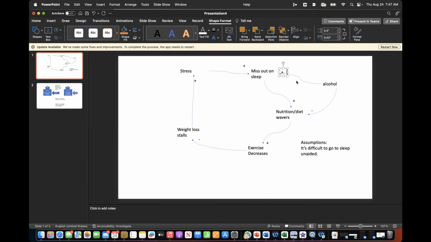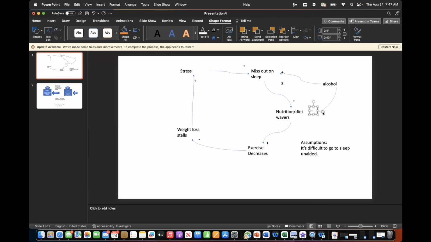It helps a little bit. Say maybe it's a 3, right? Then I'll say, all right, let's look at the negative effect that it has on my nutrition and diet. And for me, I drink alcohol, I want to eat so much when I drink alcohol.